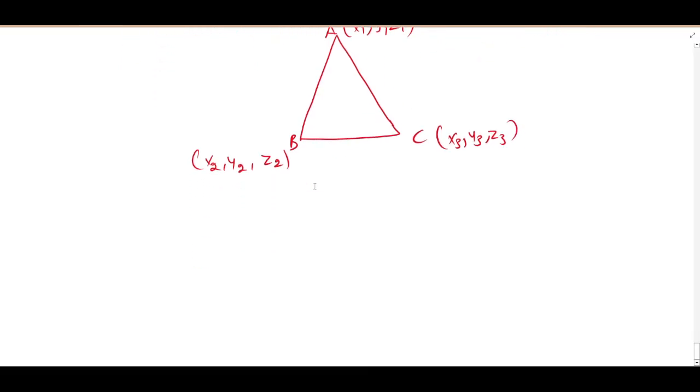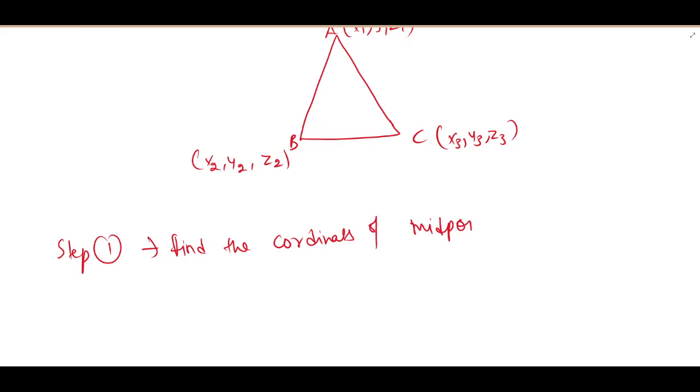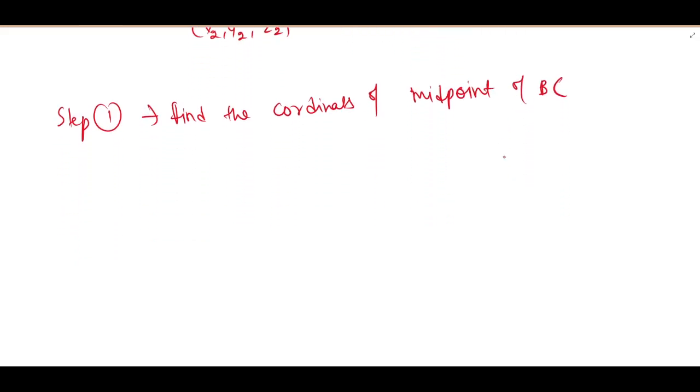So step 1 is to find the coordinates of the midpoint of BC. Suppose there is a triangle ABC. This is the midpoint, let this point be D, and we drop a median AD.